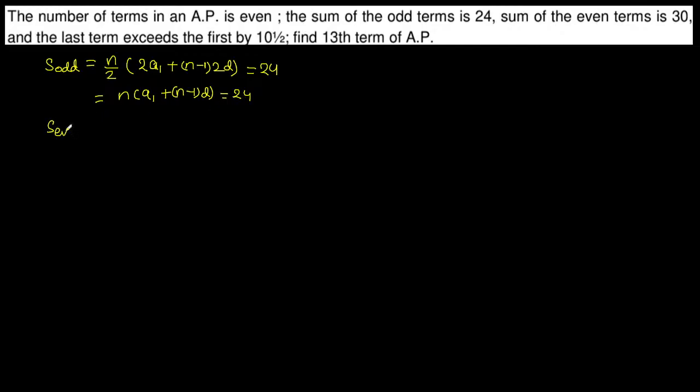Sum of even terms is n by 2 (2 times (a1 plus d) plus (n minus 1) into 2d) equal to 30, which is n (a1 plus d plus (n minus 1) into d) equal to 30.